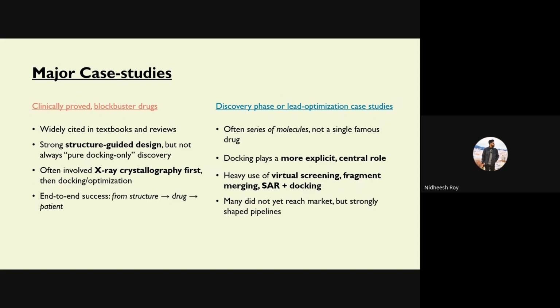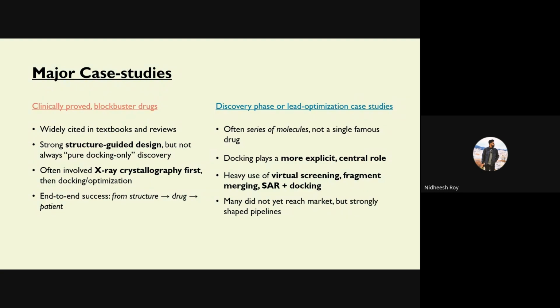To understand the real impact of molecular docking, it is useful to look at how it has been applied across different stages of drug development, from early discovery to clinically proven blockbuster drugs. Let's begin with clinically proven drugs. In this case, docking is often used retrospectively as a validation tool.